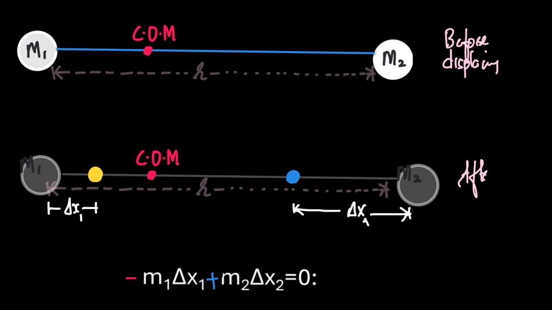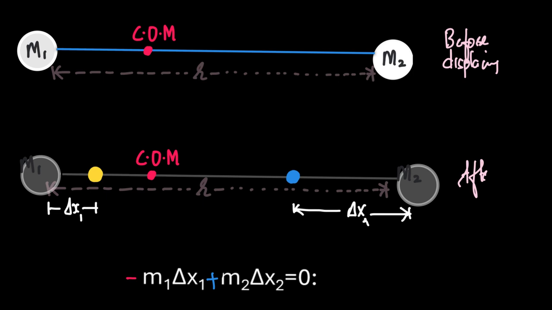So this was the previous position. Now for the ease of calculation, I will choose this yellow dot to be m1 and the blue dot here to be m2. So what has happened? M1 has been displaced by a distance delta x1 towards the center of mass. M2 therefore has to be shifted towards the center of mass as well by a distance of delta x2.